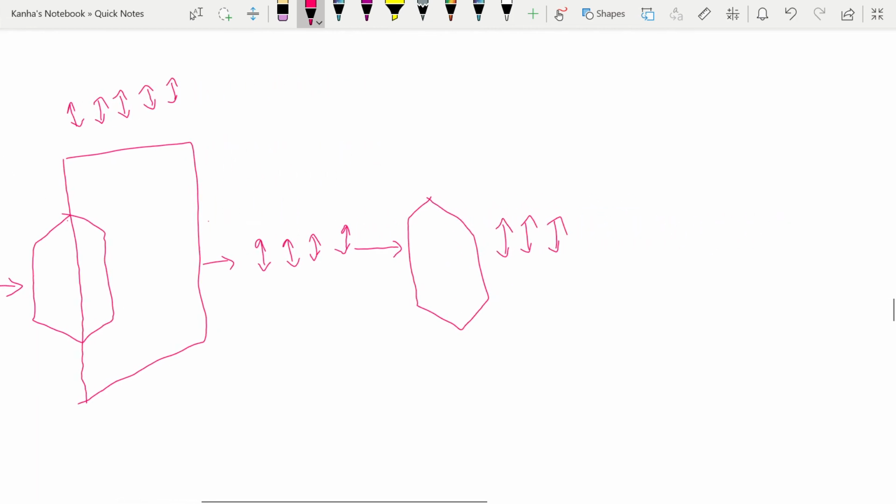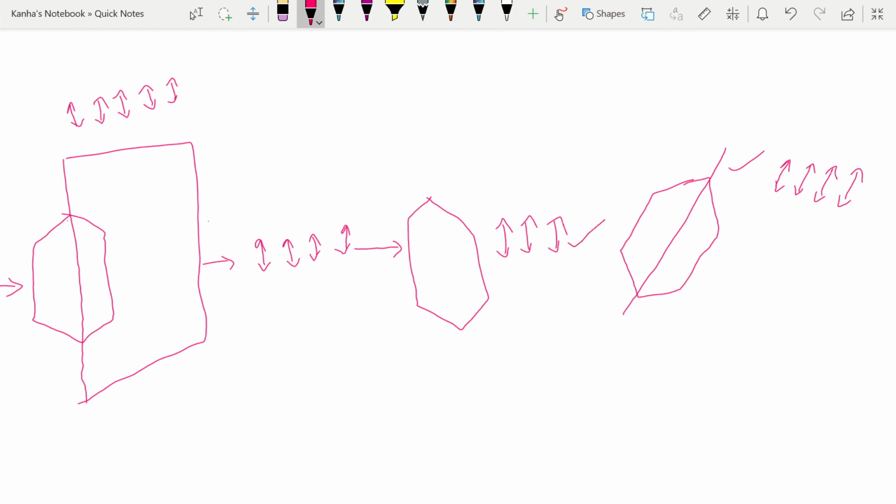But what happens if the next polarizer is at an angle to the first one? Then it will allow vibrations in its own axis to pass through, but not these vibrations.